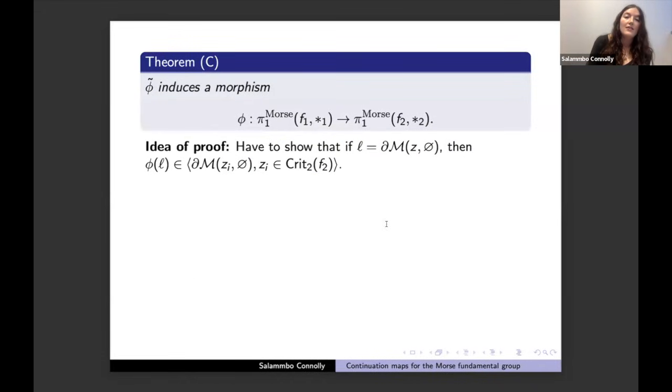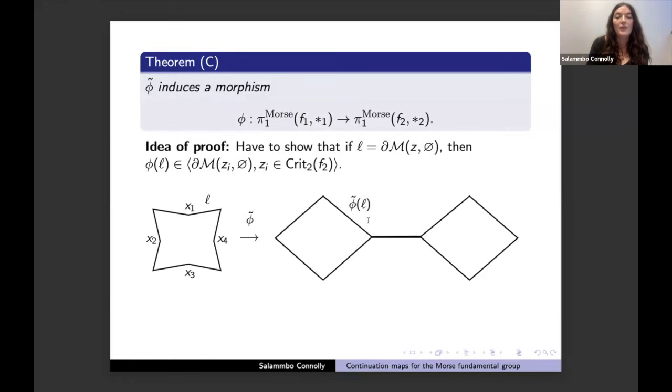In order to show that it's actually a morphism on fundamental groups, you can't just count trajectories. You have to figure out what happens if you have a loop which is the boundary of the unstable manifold of a critical point z of index 2. Then you want the image of such a loop to be in the normal subgroup generated by unstable manifolds of index 2 critical points of f2.